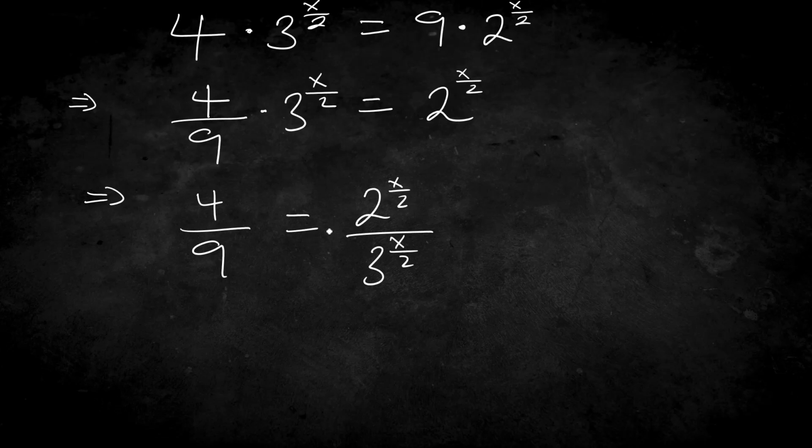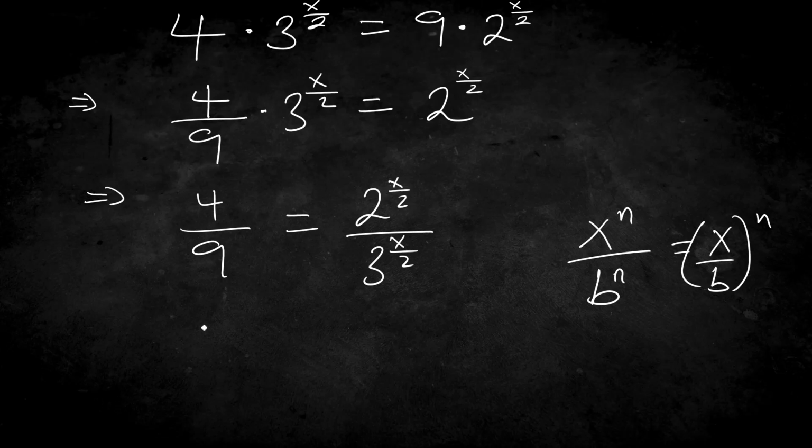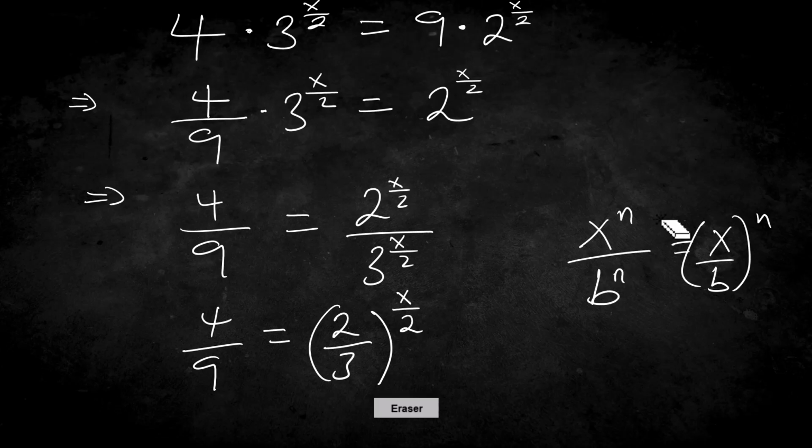Now when we're given a raised to n on b raised to n, the powers are equal, so we have a on b all raised to n. So we have 4 on 9 equals 2 on 3 raised to x on 2. As simple as that.